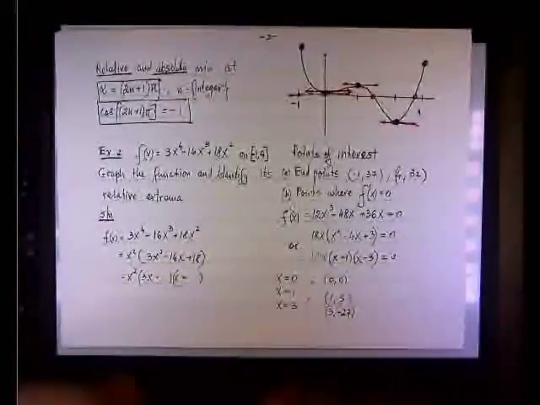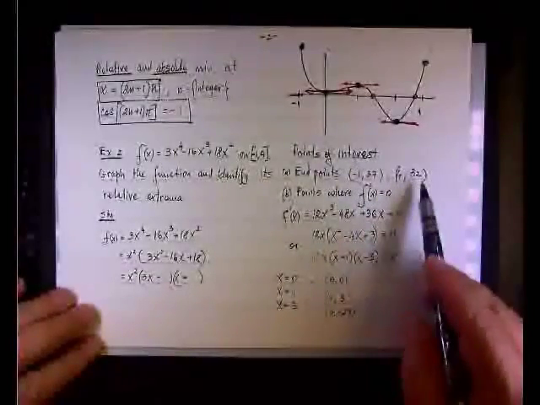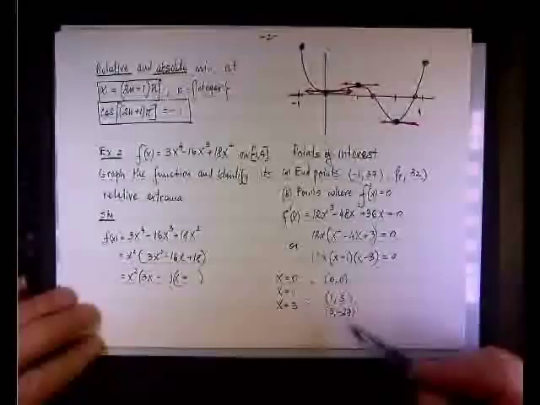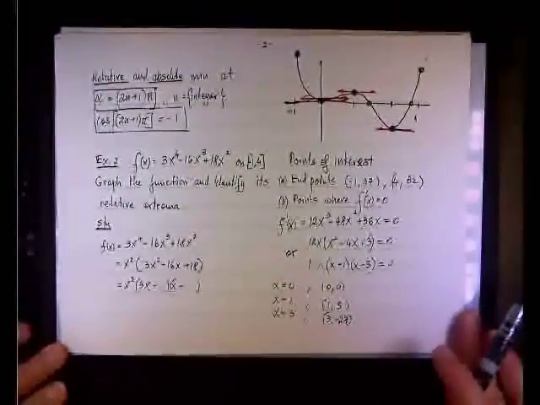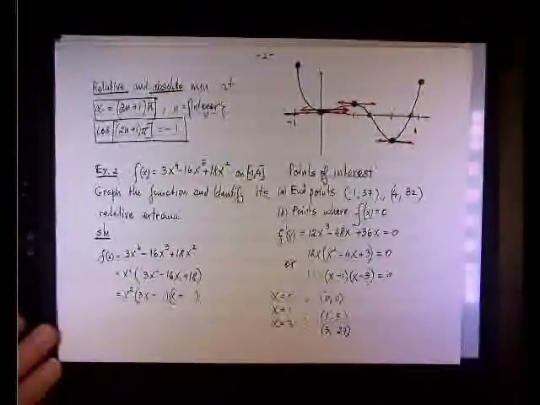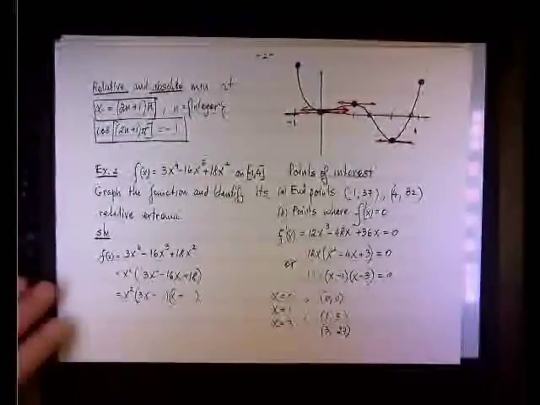Okay, so now we have a set of 5 points: negative 1 and 37, 4 and 32, 0 and 0, 1 and 5, and 3 and negative 27.